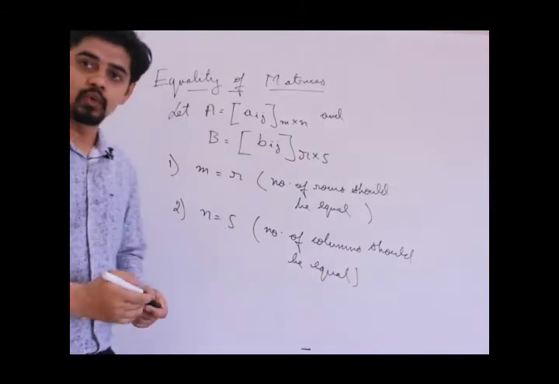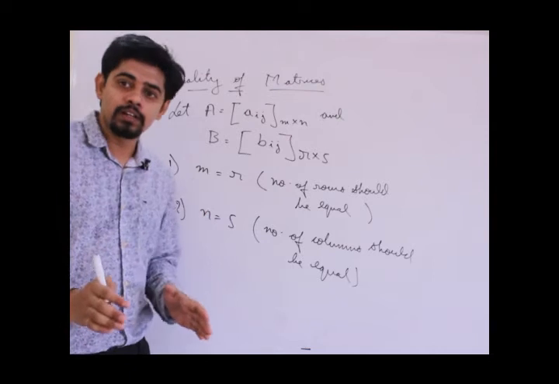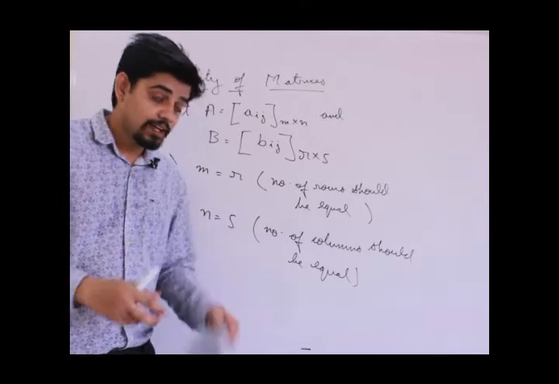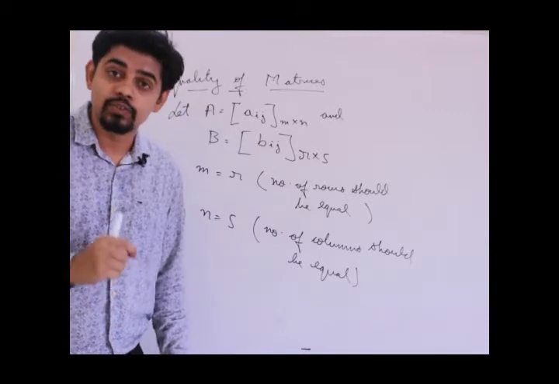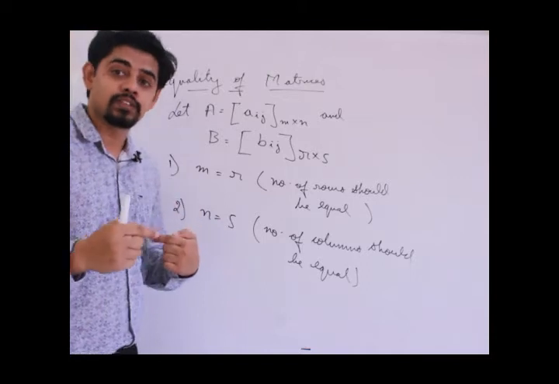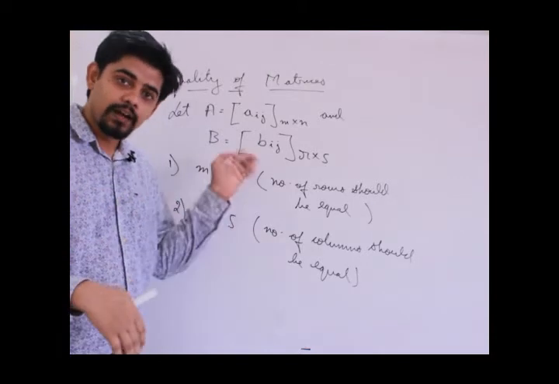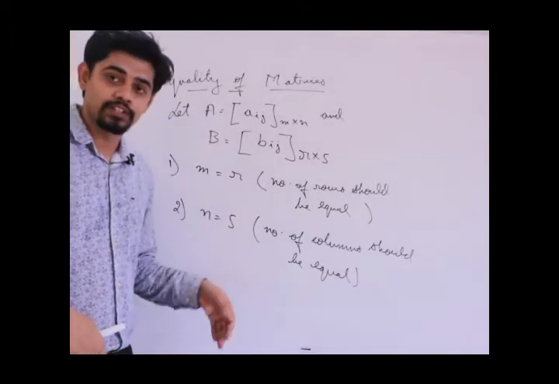These are the two conditions. And then if two matrices are equal, what do we get? Then the number of rows should be equal and the number of columns should be equal, and the corresponding elements of the two will be equal. When we do a question, you will get to know it. These are the two conditions.